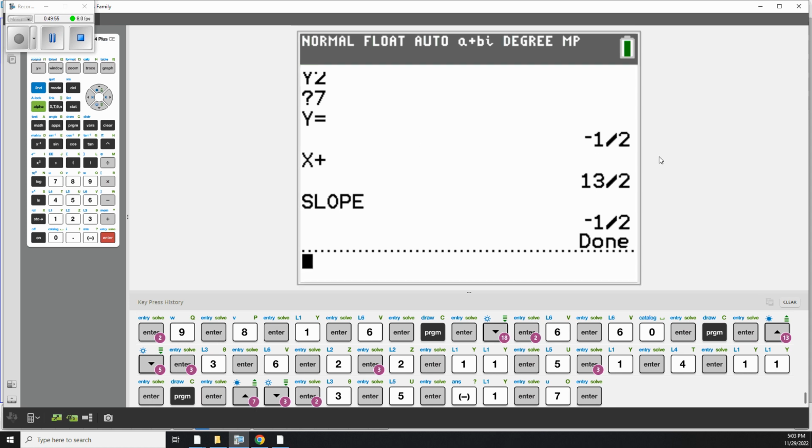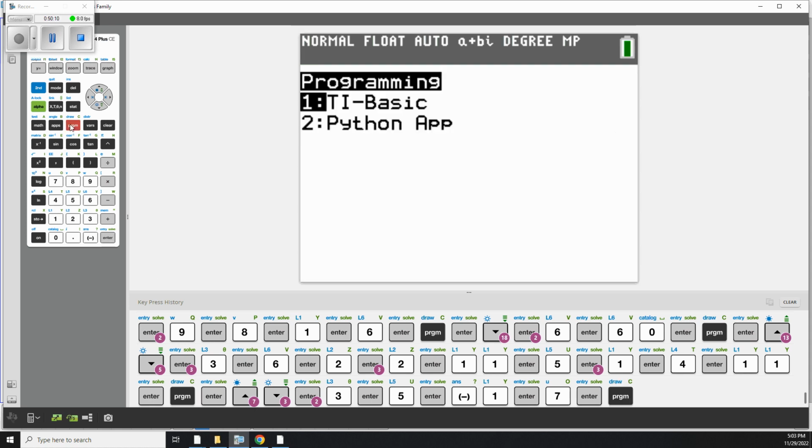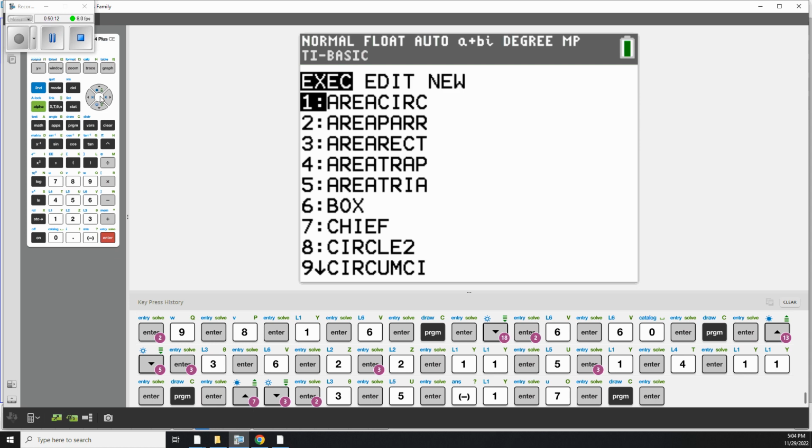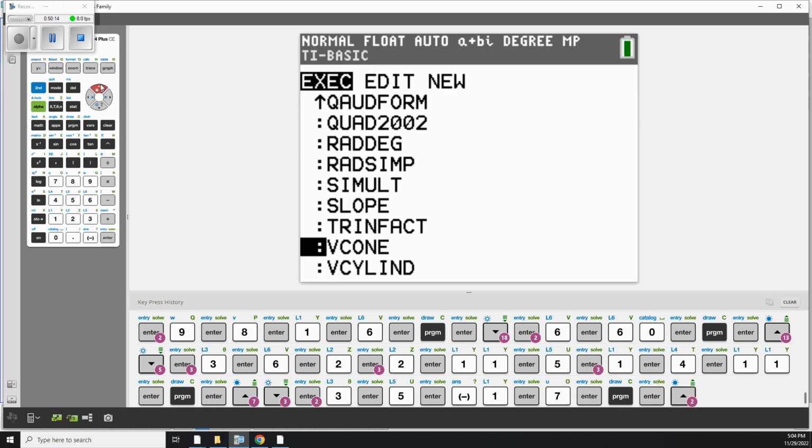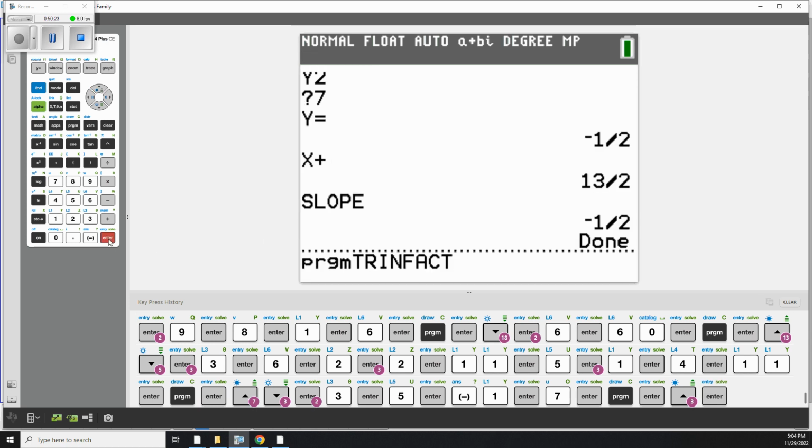y equals negative 1/2 x plus 13 over 2. The slope is negative 1/2, and the y-intercept is 13 over 2. Very, very cool, powerful formula. Use it a lot on ACT. Have y'all ever seen TrinFact? TrinFact factors trinomials.